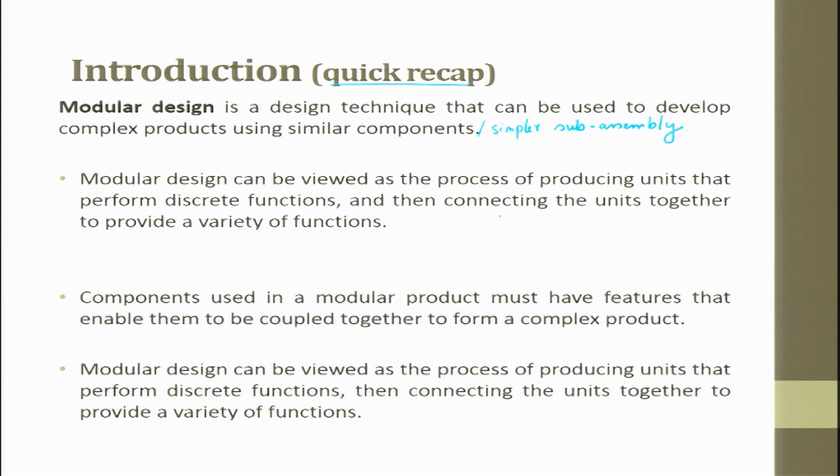So, for example, we take a complete product, we divide the product into several small subassemblies, subassembly 1, subassembly 2, subassembly 3 and subassembly 4. So, each subassembly has a predefined function.